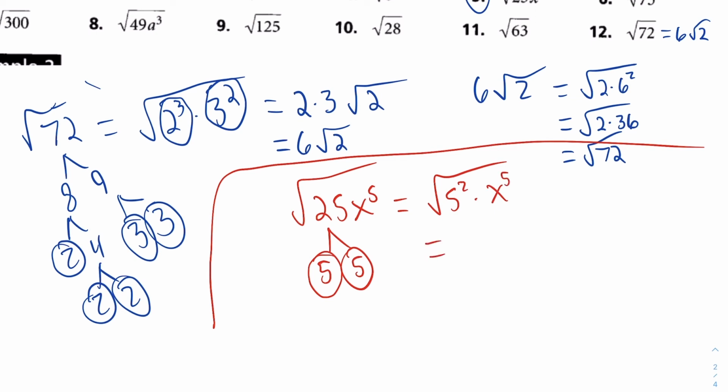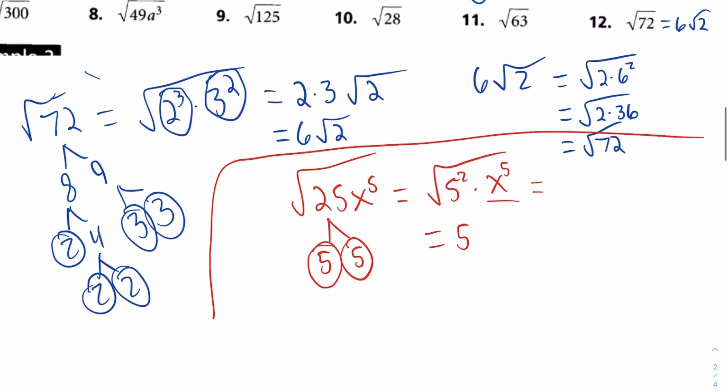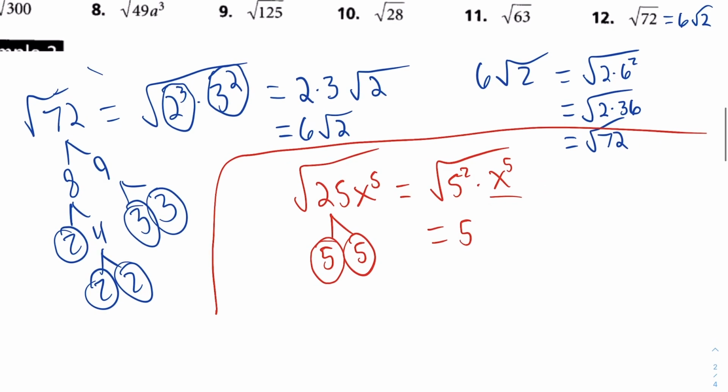Now that we see that we have two of the number 5, you can take those as a single 5 outside, and this x to the 5th power here can be broken down. X to the 5th power is equal to x squared times x. Once we have a pair of x's, they both can be taken out as a single x.